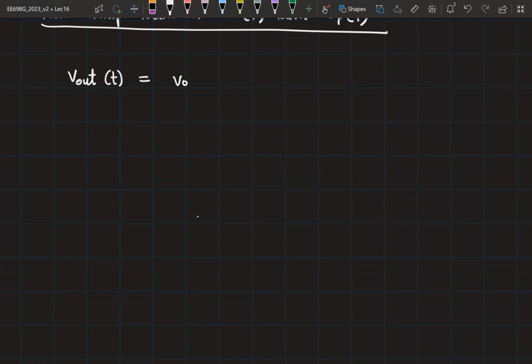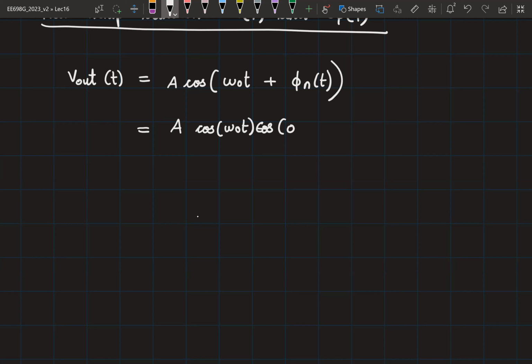So this is some amplitude A into cos of omega naught t plus phi n of t. Let me expand this. What do I get? Expand the cos of a plus b. Cos omega naught t into cos phi n of t minus A into sin omega naught t into sin phi n of t.